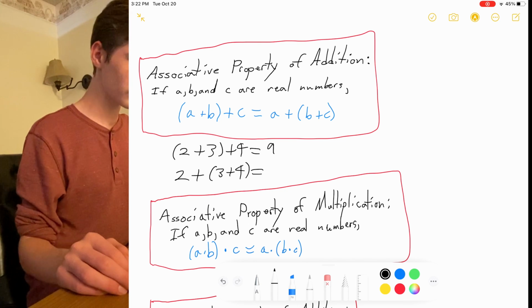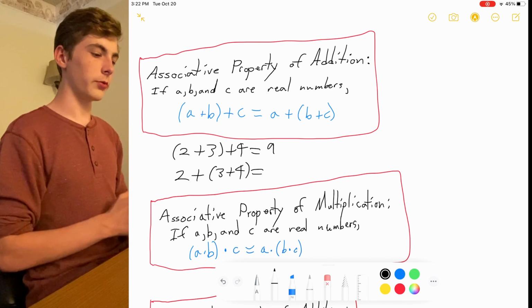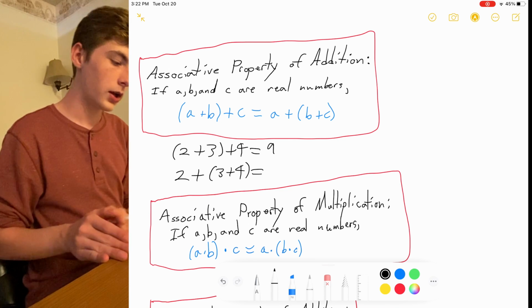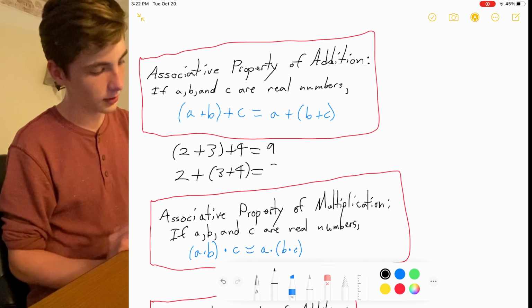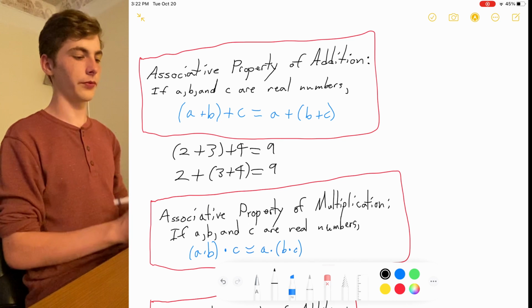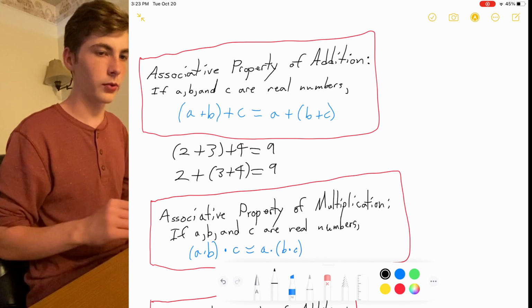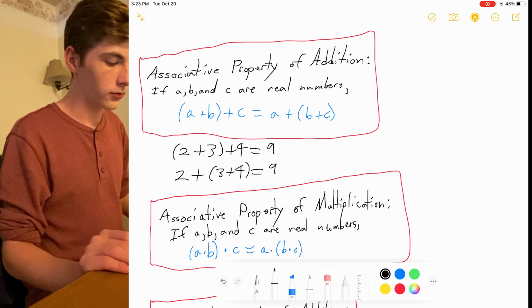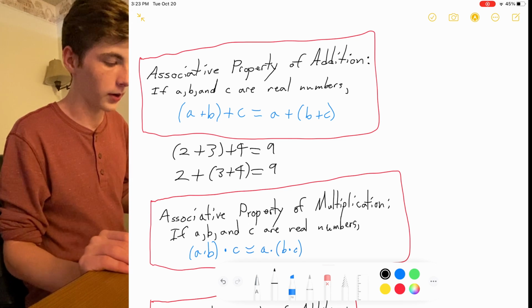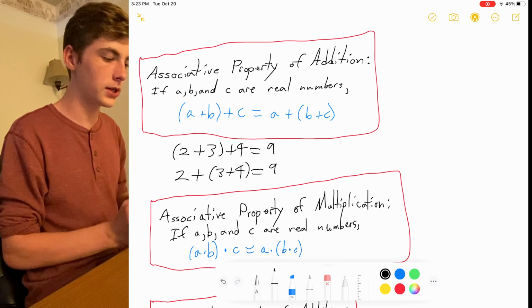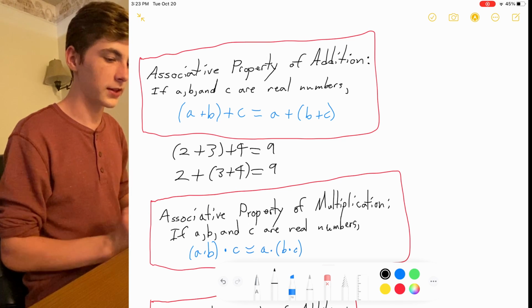Well, 3 plus 4 is 7, and then 7 plus 2 is 9. The fact that I can write it like this doesn't necessarily prove it, but you can see how it's always going to turn out that way. You can always rewrite with addition these kinds of things.